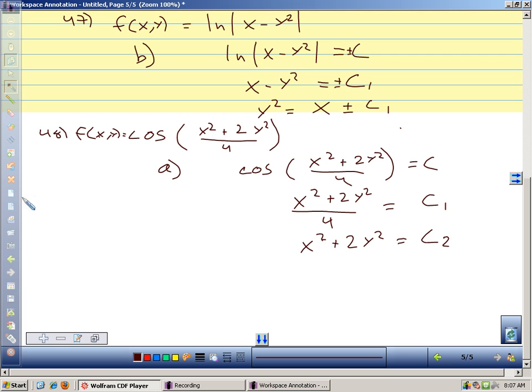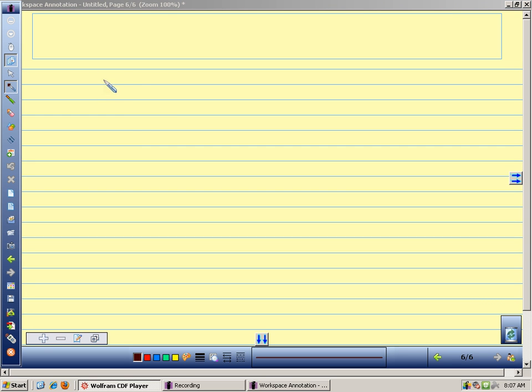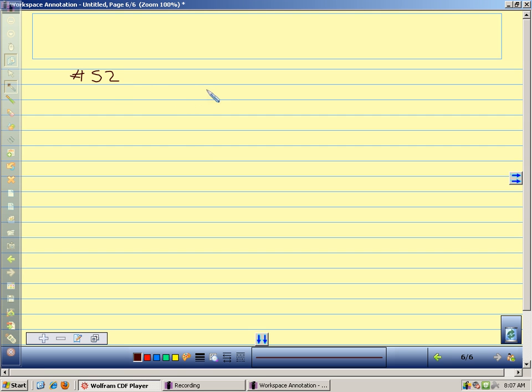Let's look at number 52 in your book. It's asking you to plot level curves of x squared plus 2y squared for different values of constants, for c equals 0, 2, 4, 6, 8.